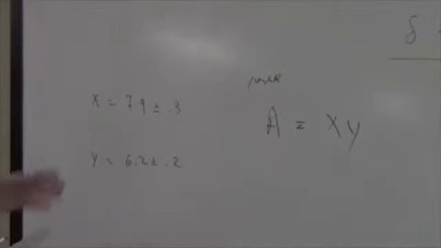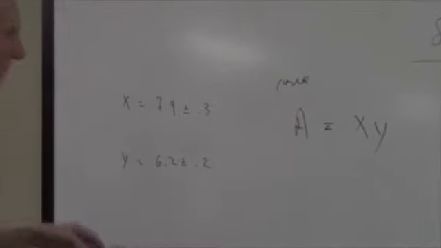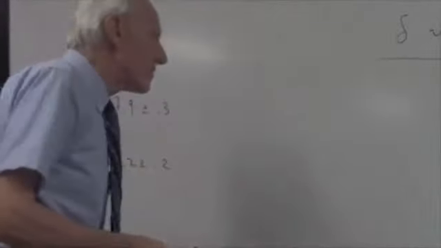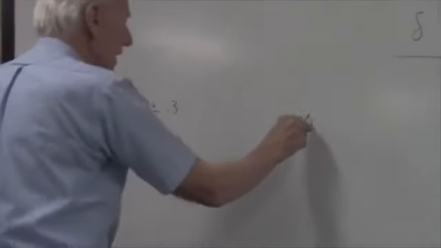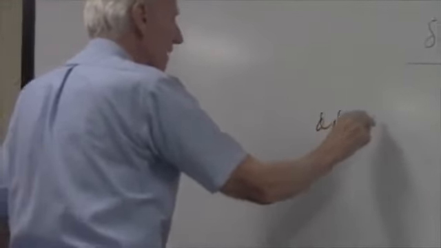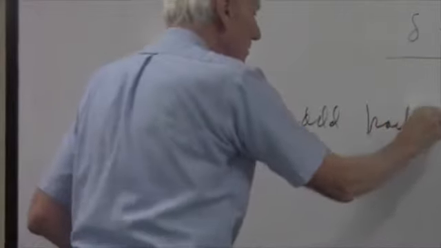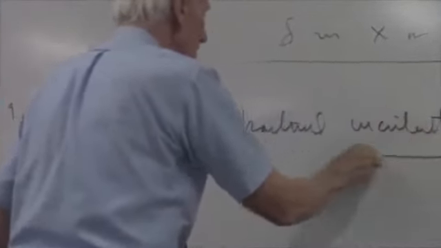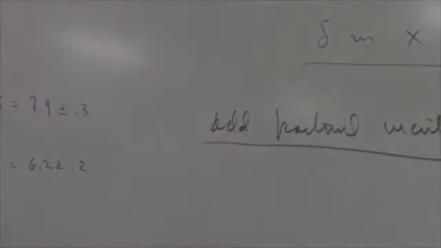Okay, so the question here, and the theory is a little bit more involved. I'm not going to get into the theory of it so much, but here we have to add fractional uncertainties, fractional errors.